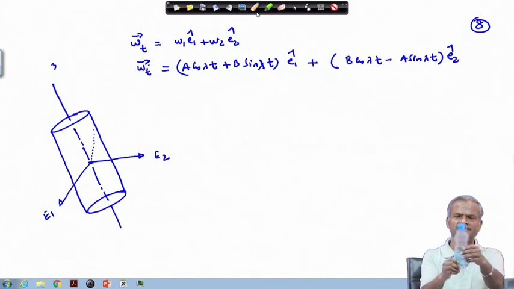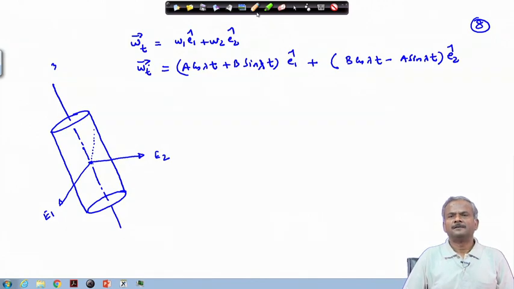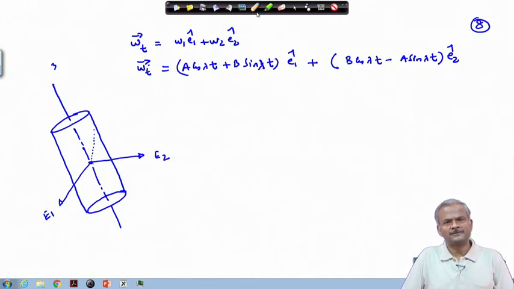So, precession motion is this, this is the spinning motion, while this one is the nutation motion. Here in this case it so happens that the nutation angle, which we have written as theta, remains constant.